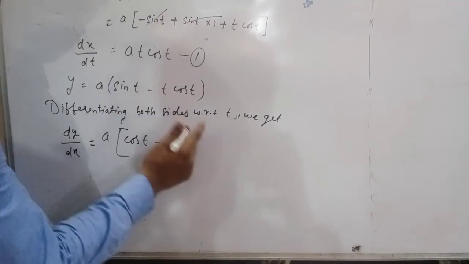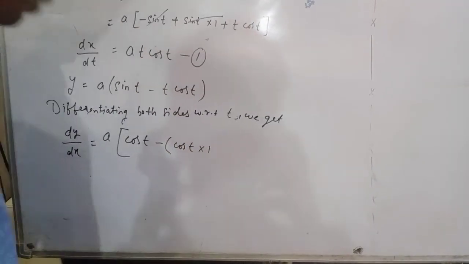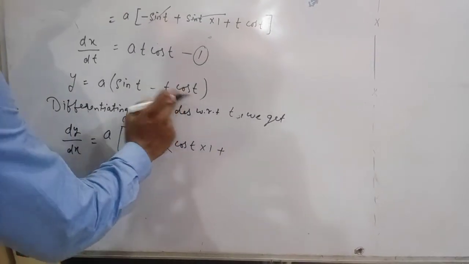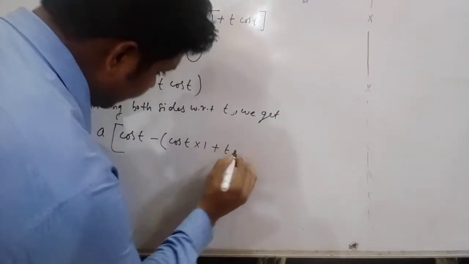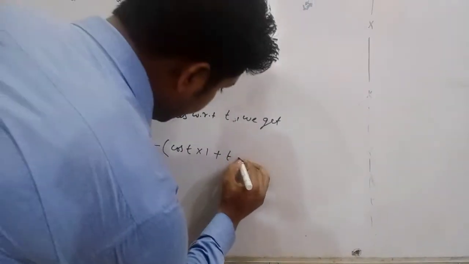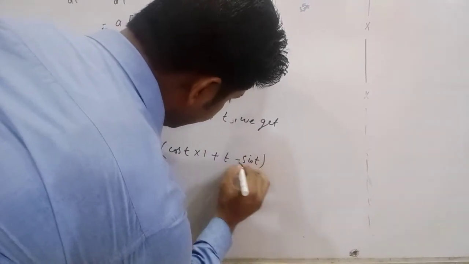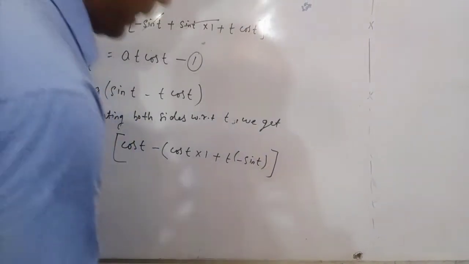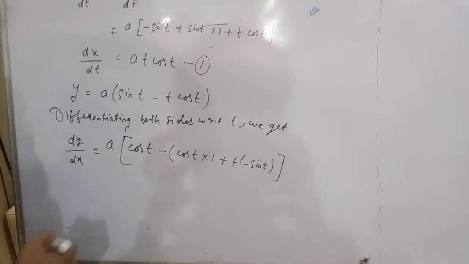the derivative of this t. That would be 1 plus, now your t will remain the same, and you have to find out the derivative of this cos t. That would be minus sin t. Now close the bracket. Fine.